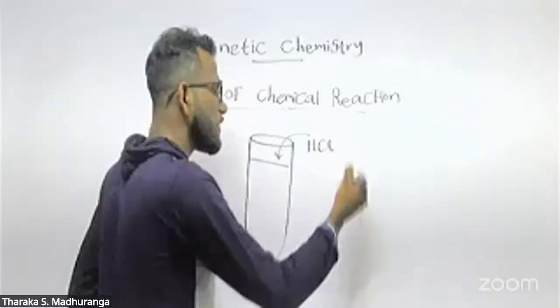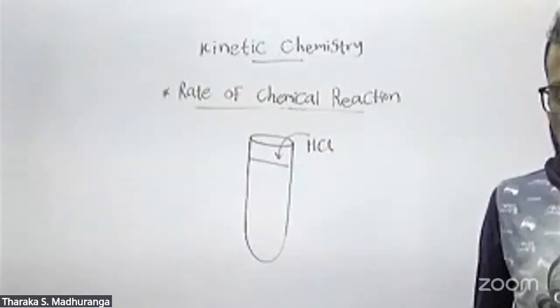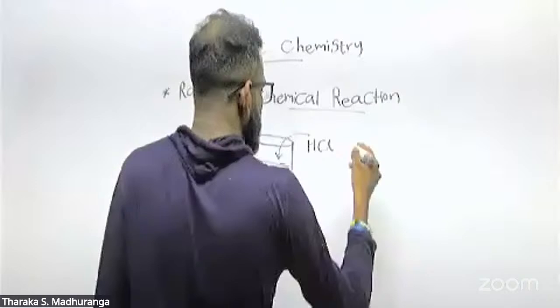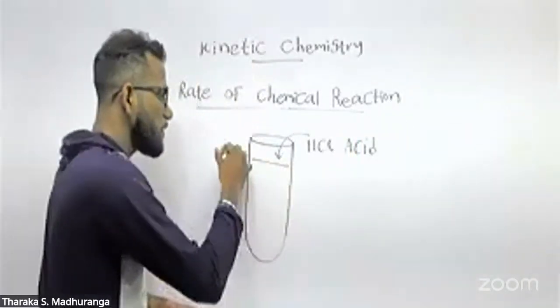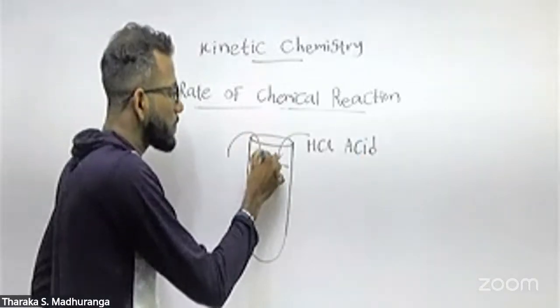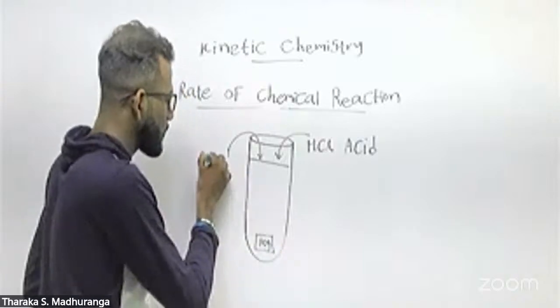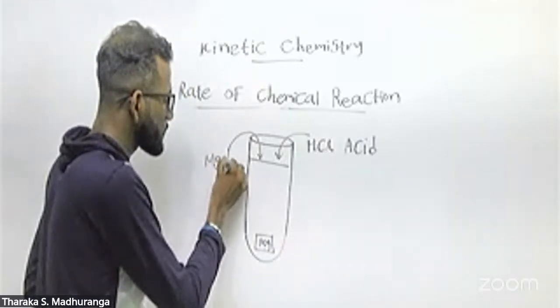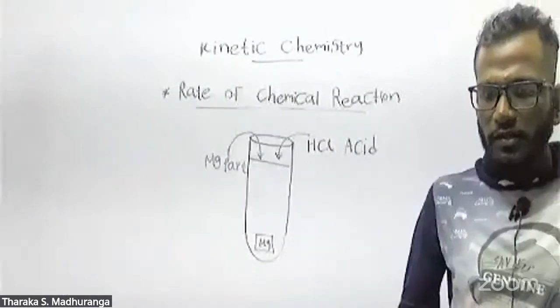You know HCl is, we discussed, a powerful acid. Here we dilute it. And we add some magnesium part here.